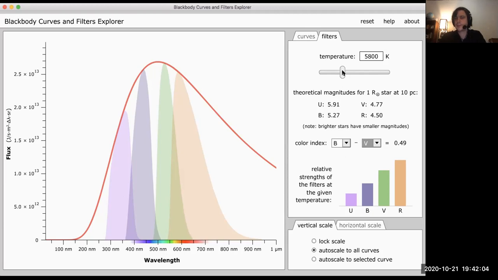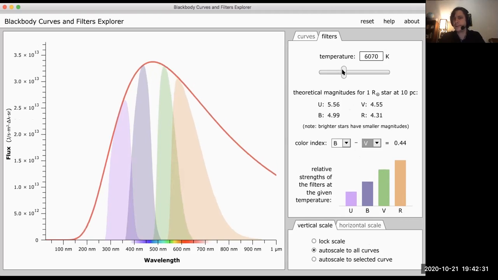And let's start with a very interesting temperature. So I'm just going to move this. Right here, you're seeing the relative flux. Remember that bigger numbers are dimmer. So U has the smallest flux, and then B, V, R. I'm going to look until we're getting about an equal amount of light in each one of these filters.